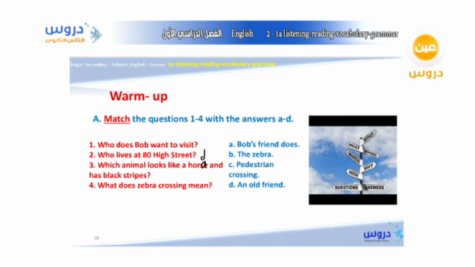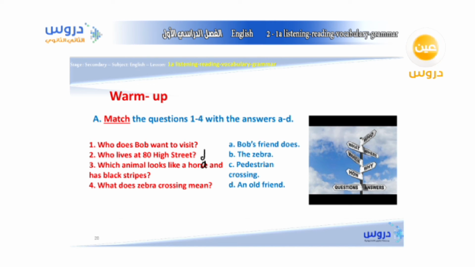Great. So you deserve a big star. And then, which animal looks like a horse and has black stripes? It's an animal that looks like a horse and has black stripes. We still have the zebra or pedestrian crossing. Yes, Farah, very good. It's the zebra.